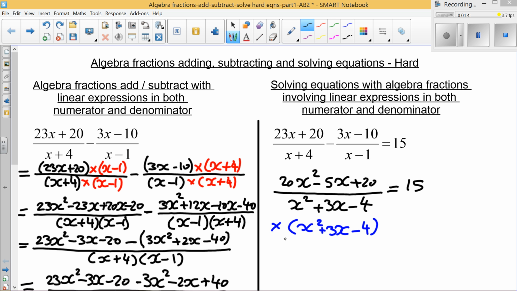So the left-hand side of the equation is now just the 20x squared minus 5x plus the 20, and the right-hand side of the equation is now 15 multiplied by the x squared plus 3x minus the 4.